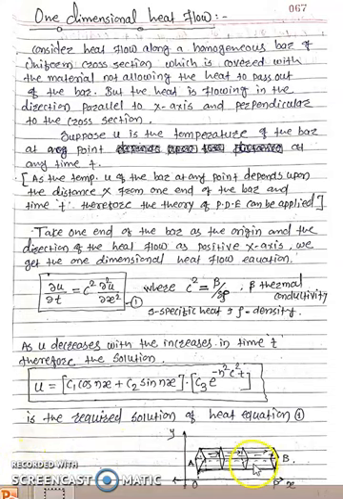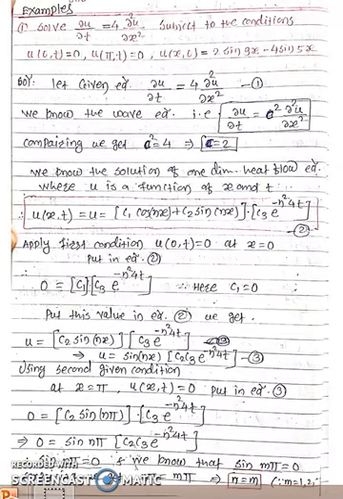The uniform bar is displayed on the xy plane and the heat flows along the x-axis as shown in the figure. So let us see an example on one-dimensional heat flow.